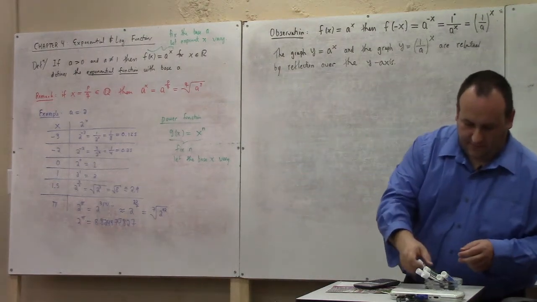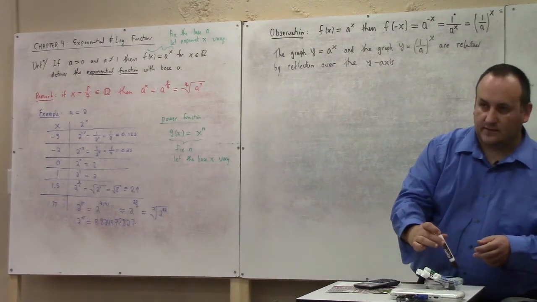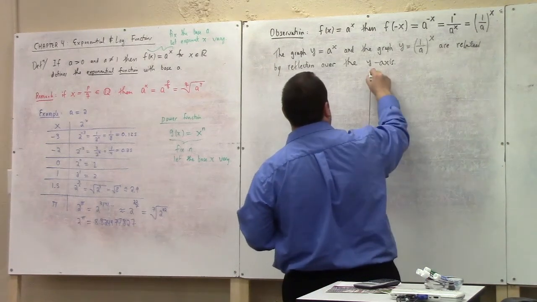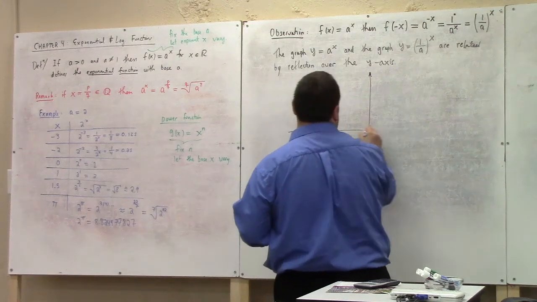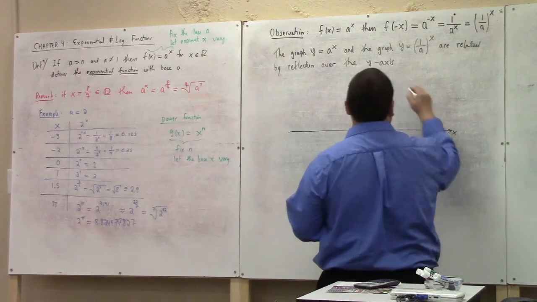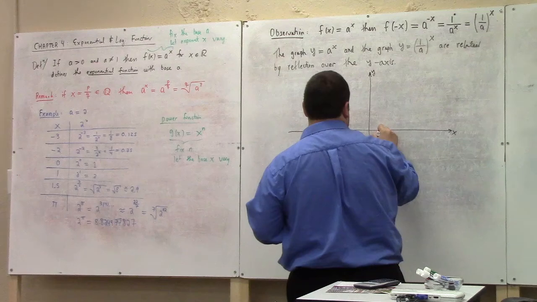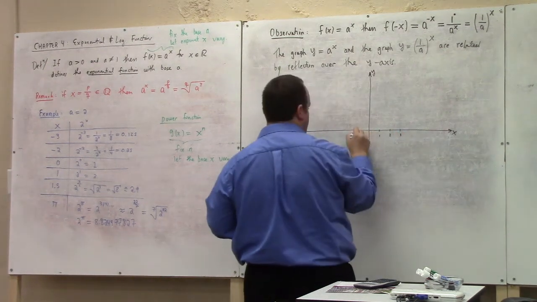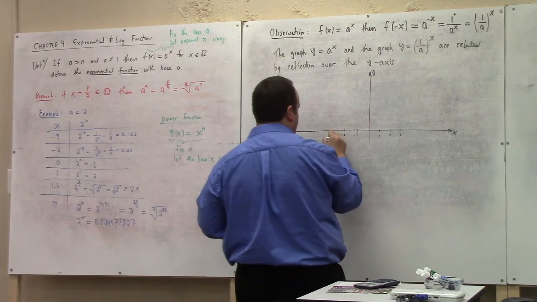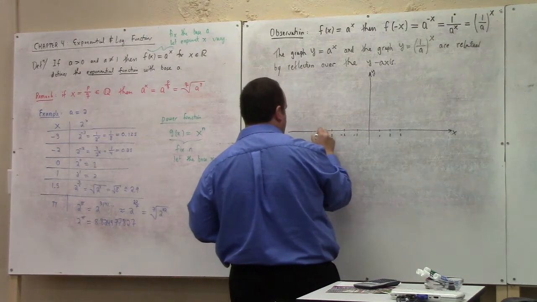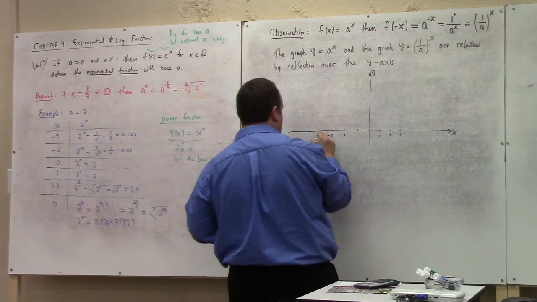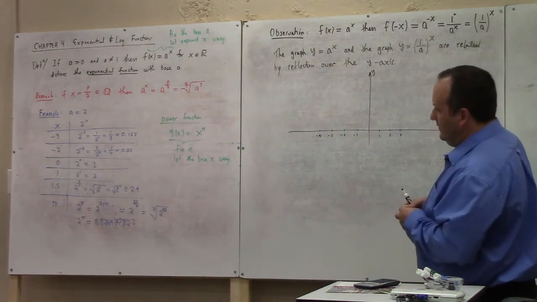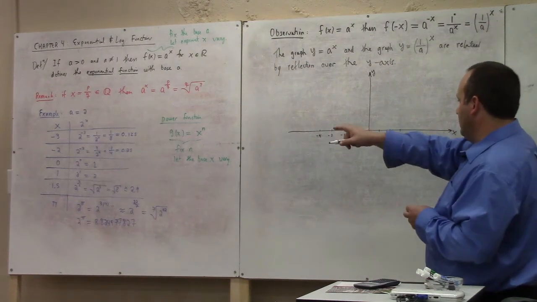To keep it concrete, let's just look at 2 to the x. What's 2 to the x look like? We could plot those points, right?